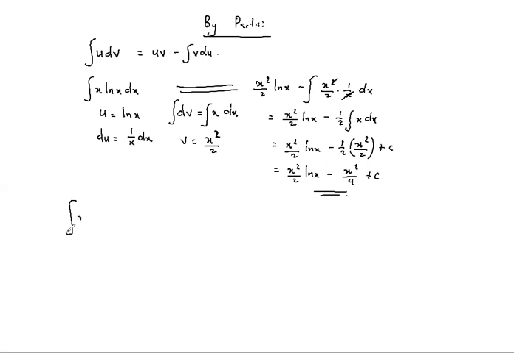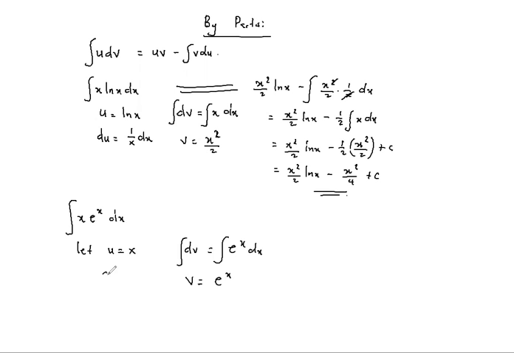Another example is x e to the power x dx. This one, you always let the polynomial be the u and the exponential be the dv. Because when we integrate the exponential, we just get the very exponential. Because the down part there is 1.